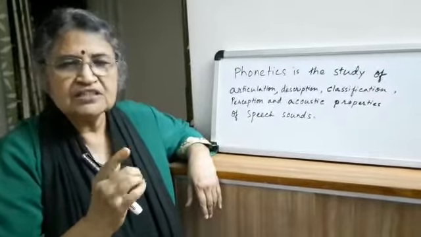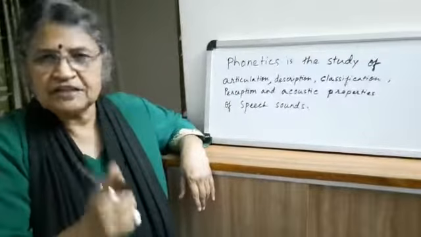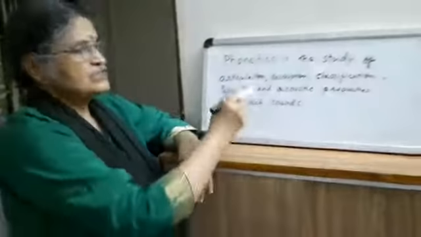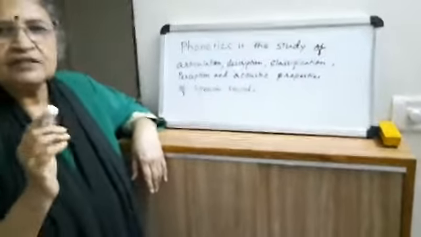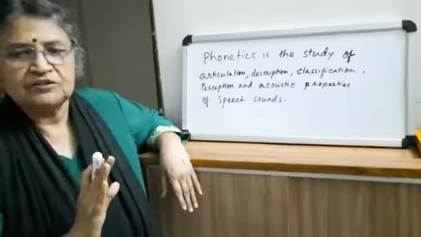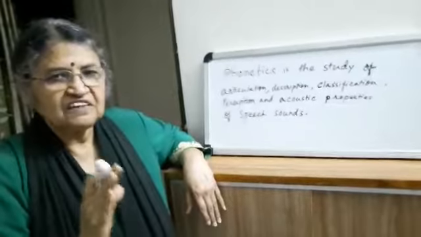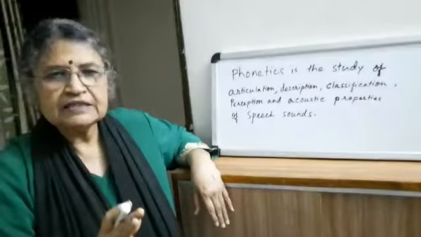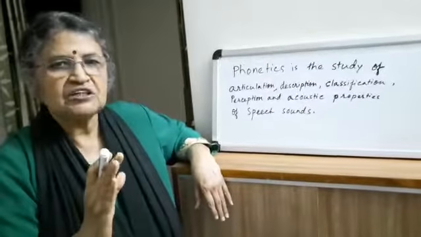And since this sound is produced with friction, it is called a fricative. Now coming to description, p is a voiceless bilabial stop. That is its description. If you want me to describe f, I will say that f is a voiceless labiodental fricative.